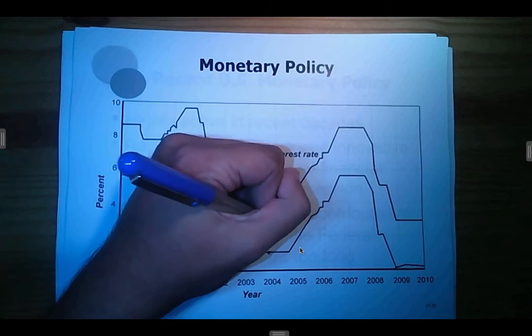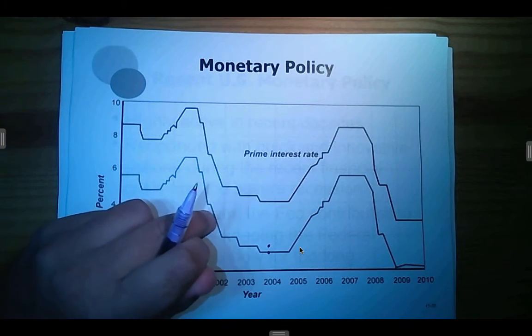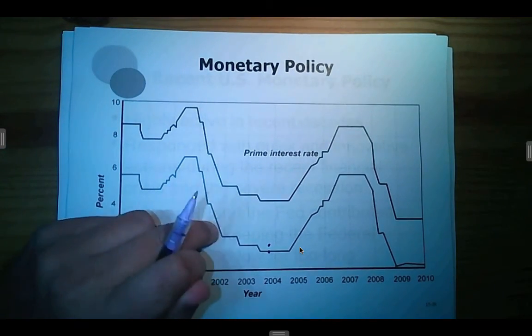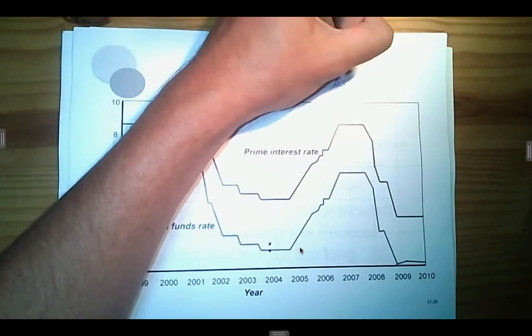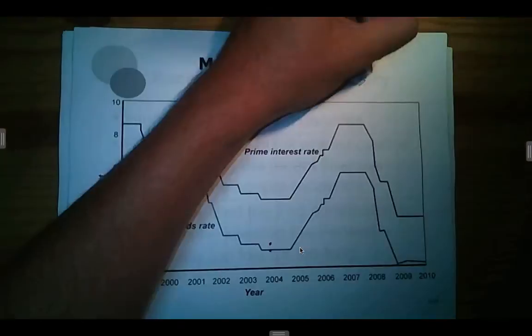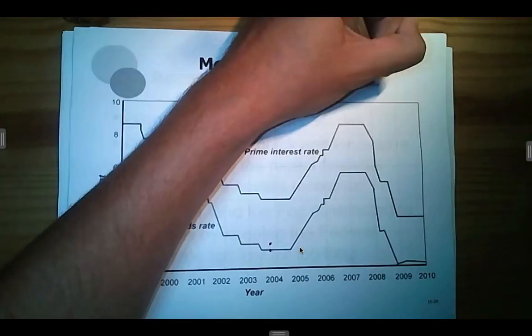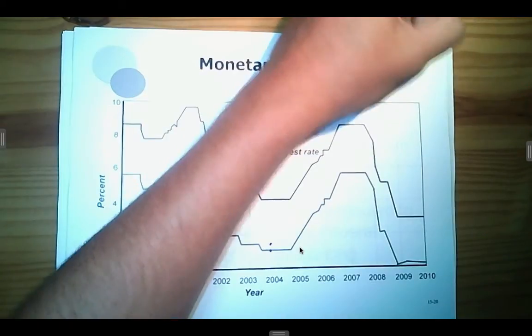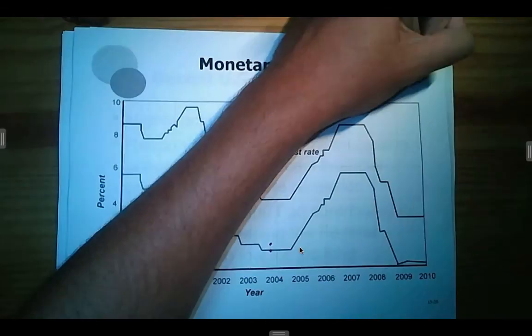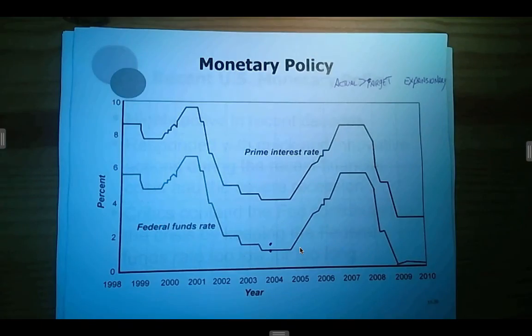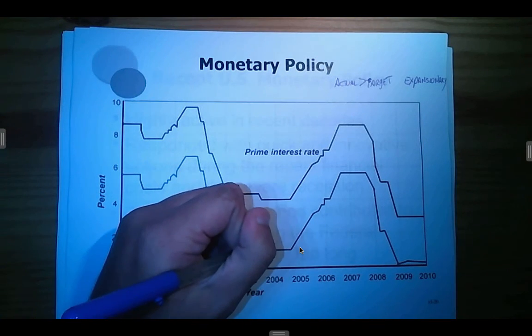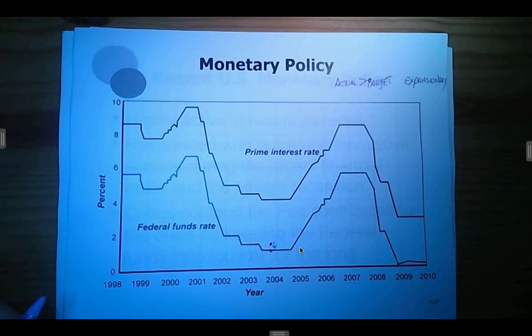Because if the actual is above what the target is, so let's say that this line is the target, if the actual is above the target, then I need some expansionary policy. Because by increasing the money supply, I lower the interest rates down to the target.